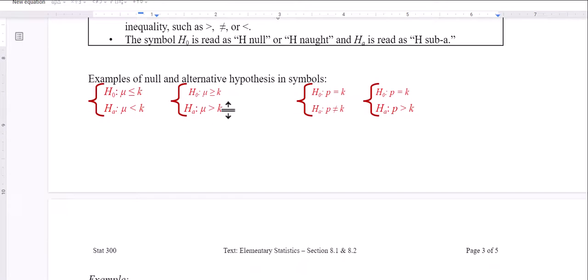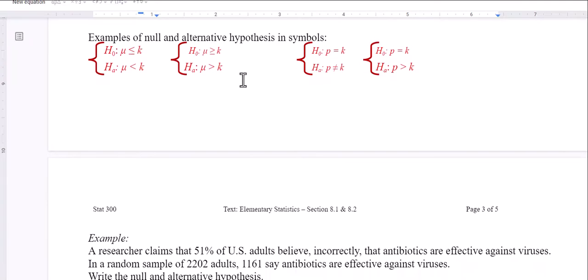So here are some examples of null and alternate hypotheses in symbols. If it's about the mean, you can have the mean is less than or equal to k, and oops, that should be greater than, and that should be less than, right? The opposites. So if the null is that the population mean is less than or equal to k, then the alternative is that the mean is greater than, and so on and so forth.